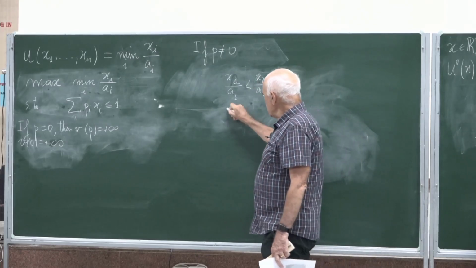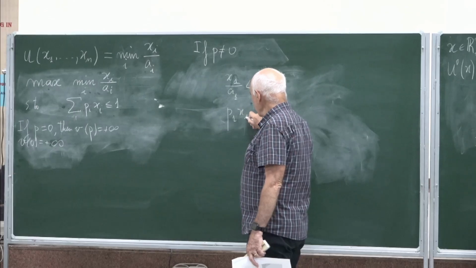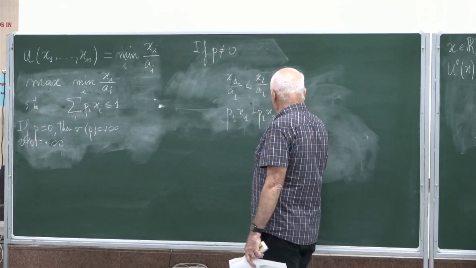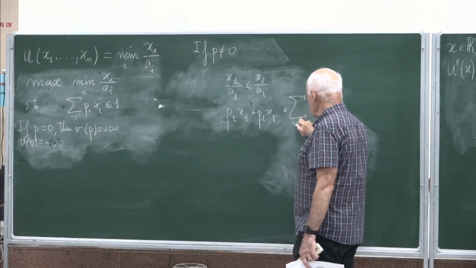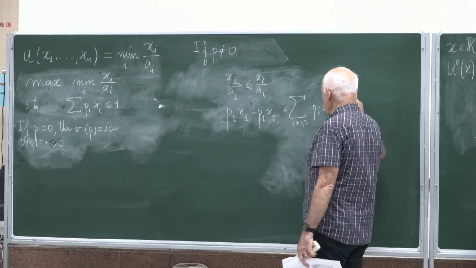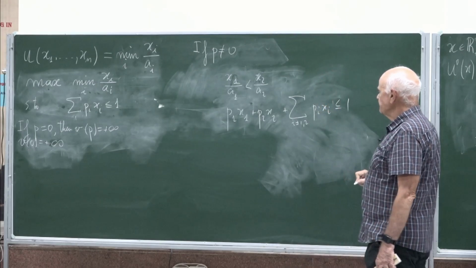The constraint says that p1x1 plus p2x2 plus the sum of the remaining p_i x_i is less than or equal to 1.